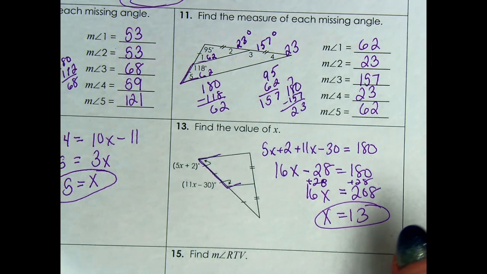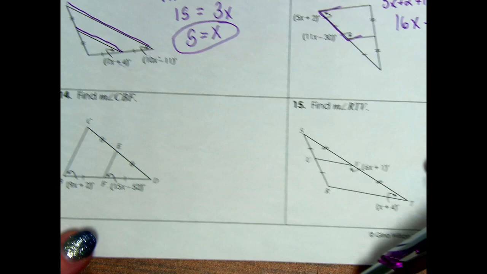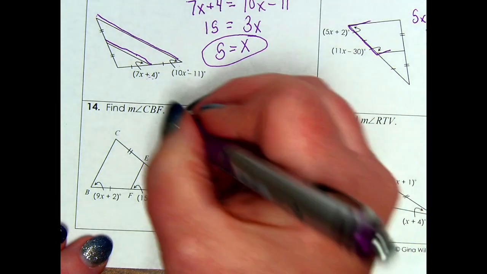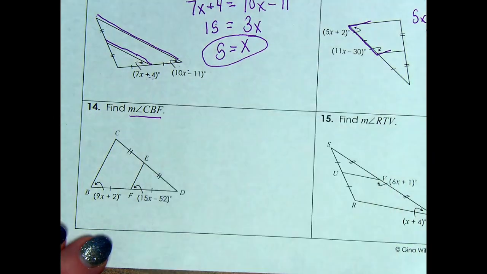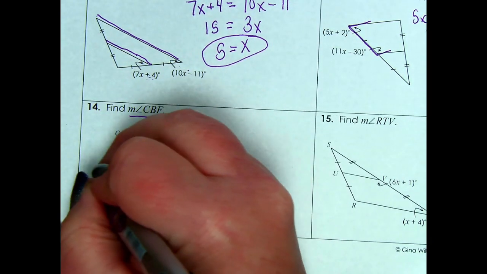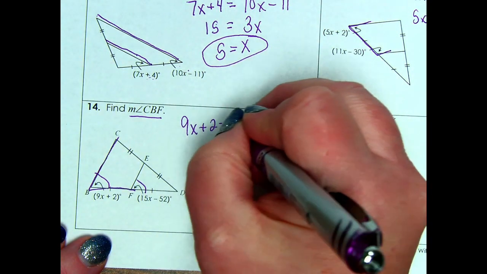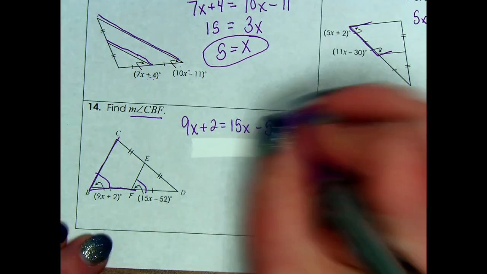Lastly, we have number 14, which you're being asked to find the measure of angle CBF, which is right here, which is just going to tell you where to substitute at the end. So remember, these are corresponding angles. So I take 9x plus 2 equals 15x minus 52.